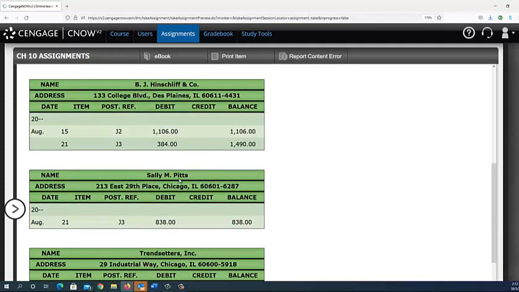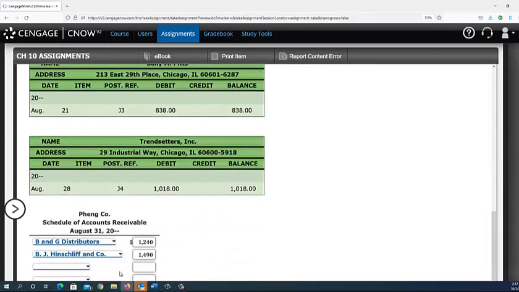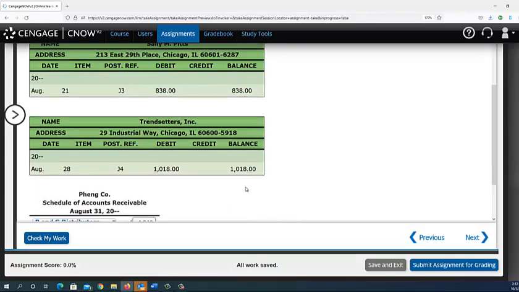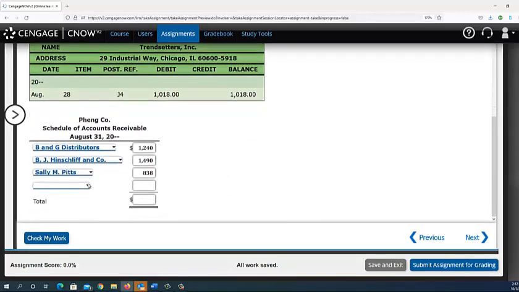And Pitts owes $8.38. And then Trendsetters owes $1,018. And that is a total of $45.86.